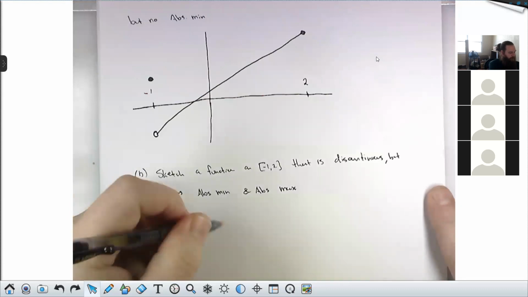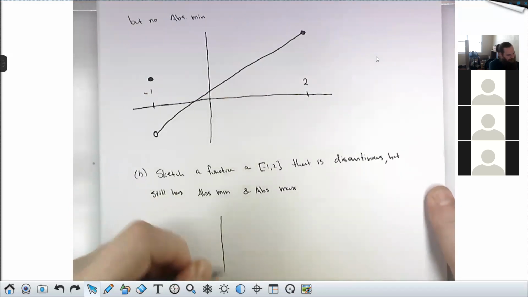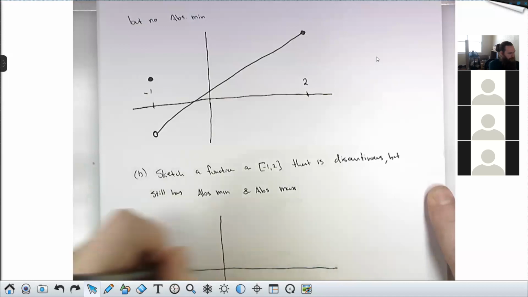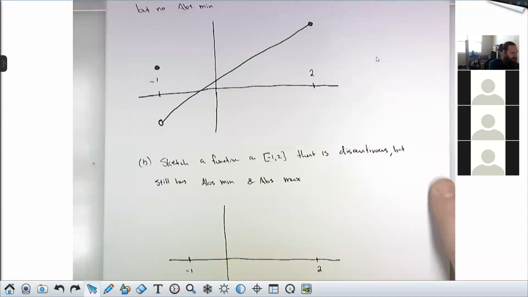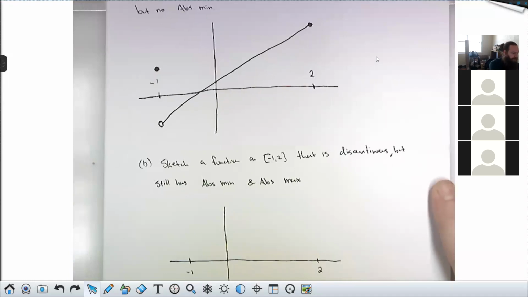Okay, well, I'll do the same thing here. I'll set myself up. I'll call this -1. I'll call this over here +2. I want to be discontinuous, but still have an absolute min and an absolute max.